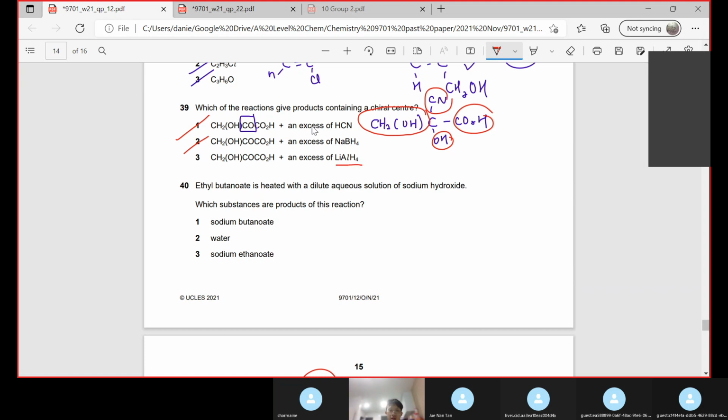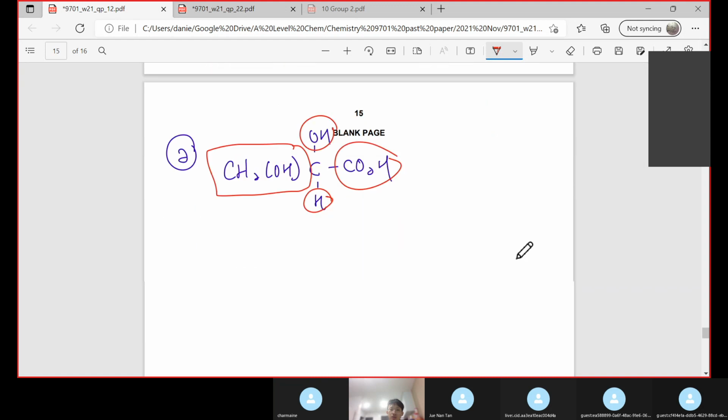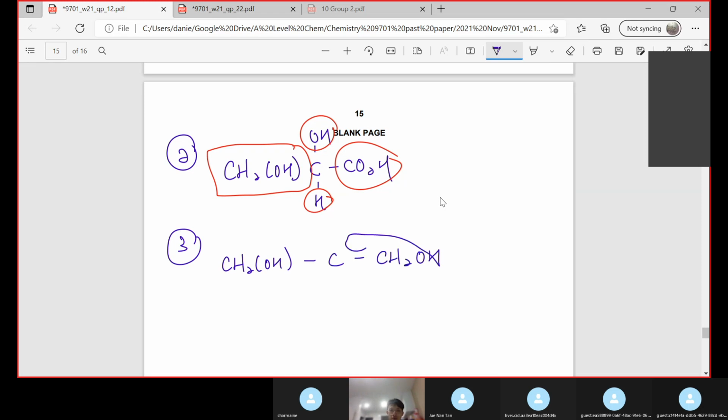Lithium aluminum hydride will reduce carboxylic acid. COOH becomes primary alcohol. The carbonyl, the ketone, becomes secondary alcohol. So number 3, the product will be CH2OH, CH2OH, then we have H and also OH here.